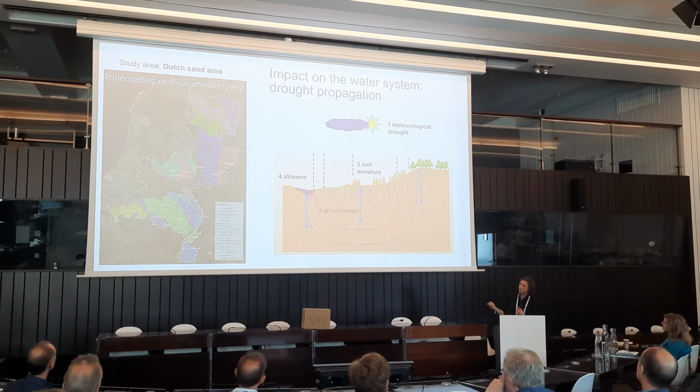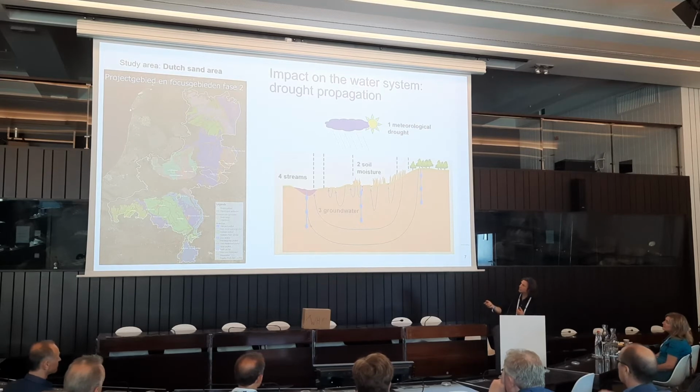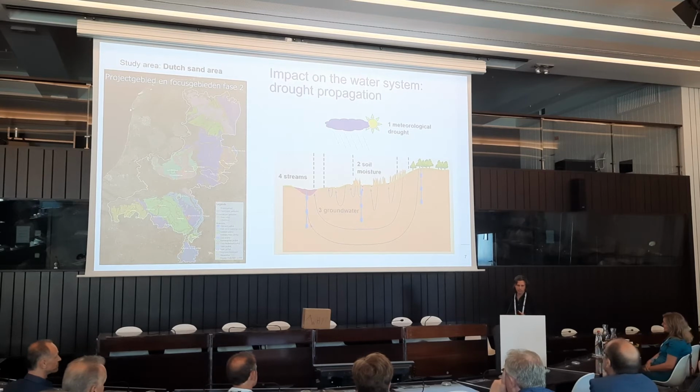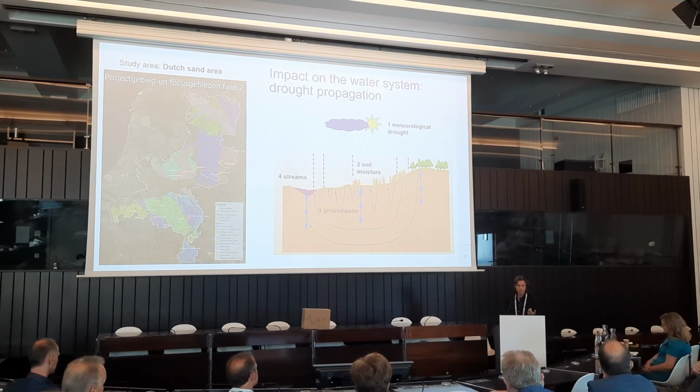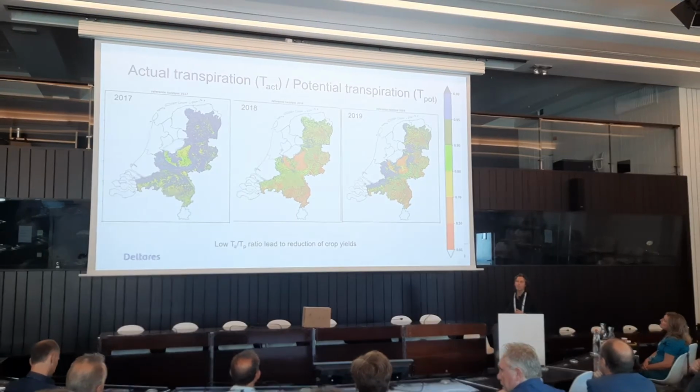It depends on where you are in the groundwater system whether there is a delay or not. In the higher areas, you have deeper groundwater levels, and there will be a larger delay than in the wetter areas. Then finally, as Marijke already said, most of the groundwater ends up in the streams and ditches. So when the groundwater levels are lower, you will also find lower stream flow.